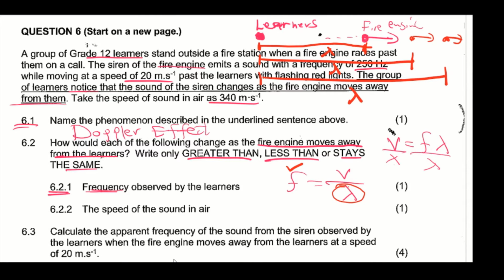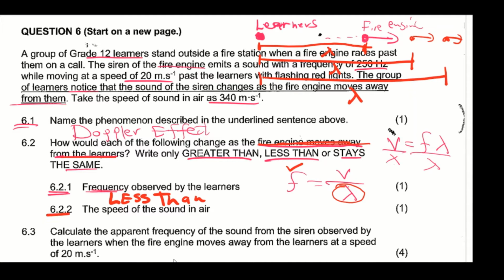So you can simply write less than, because it says how would each of the following change as the fire engine moves away from the learners. The frequency will decrease as the fire engine moves away from the learners.